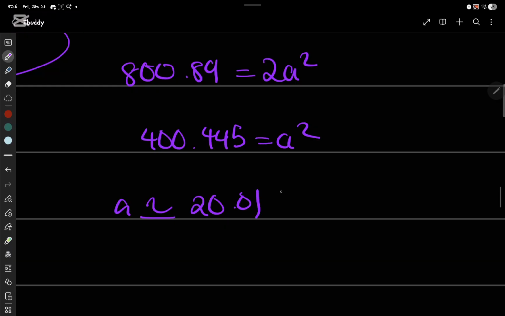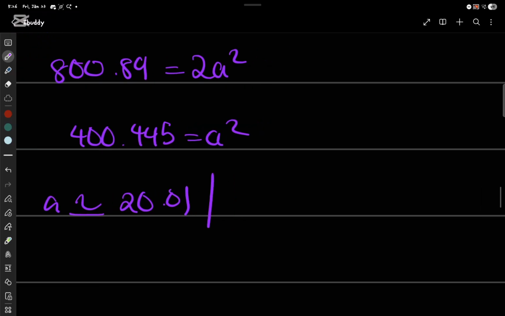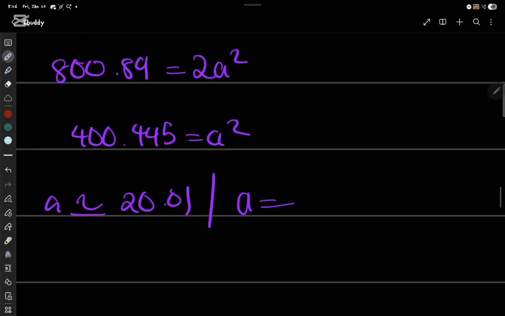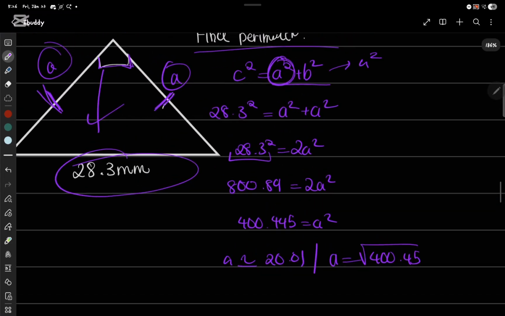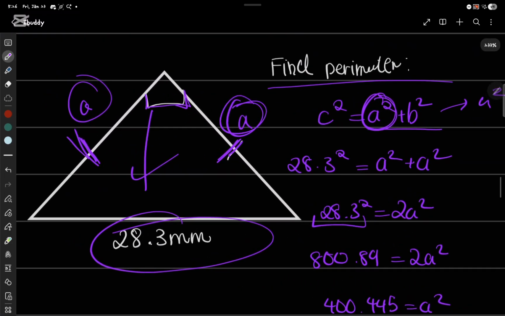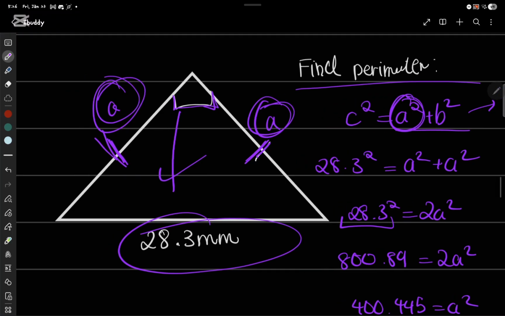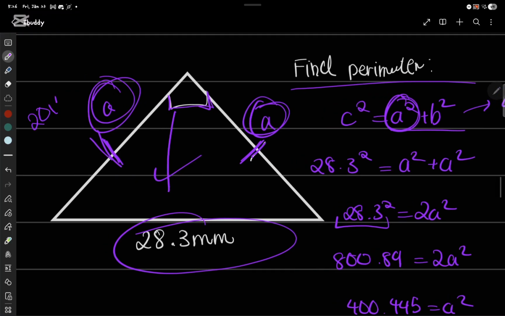So I'm writing it down here, but on my calculator, I still have the exact answer. So a equals the square root of that, to be exact. Okay, so you have your a value. These are both a's. Your a value is going to be around 20.01, of course not exact, but rounded.